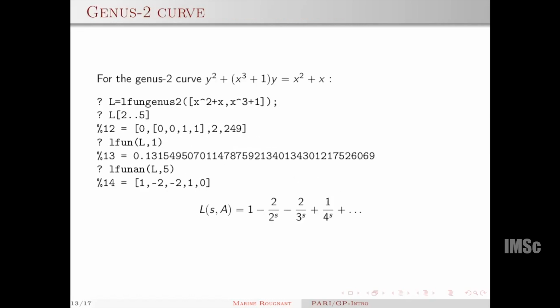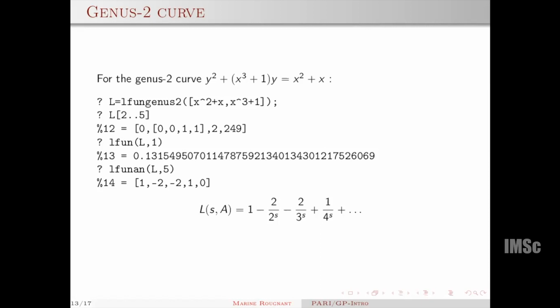Sometimes you may want to use genus 2 curves instead of genus 1 curves. You can still have the L function of genus 2. The function to create them is a bit different. It's L genus 2, and this is not L create anymore. You specify the two polynomials that define your curve. Here we have x squared plus x, and here the other polynomial. The output is the same. Here you have the coefficients for the dual L function, and here the data that defines the gamma factor.